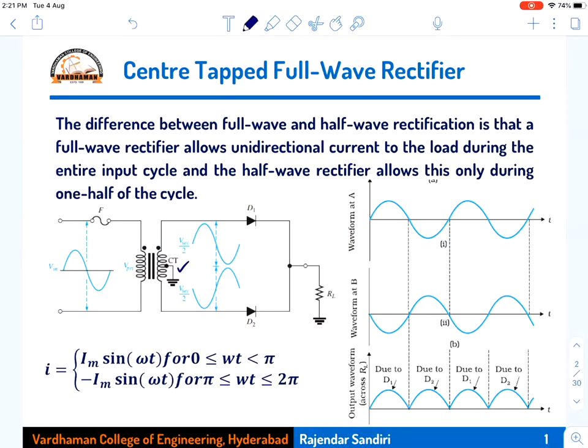Both diodes are connected to the load resistor RL, so that one half of the cycle is conducted by diode D1, and that current will be flowing through the resistor RL. The other half of the cycle is conducted because of the diode D2, and that also will be flowing into the load resistor RL.